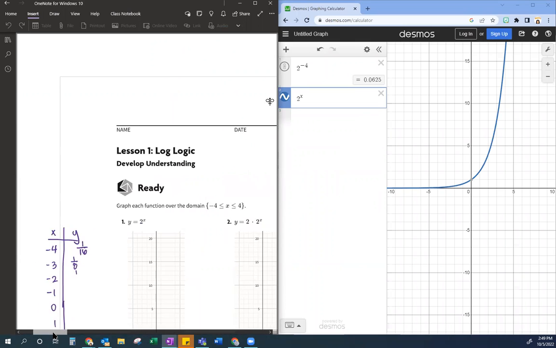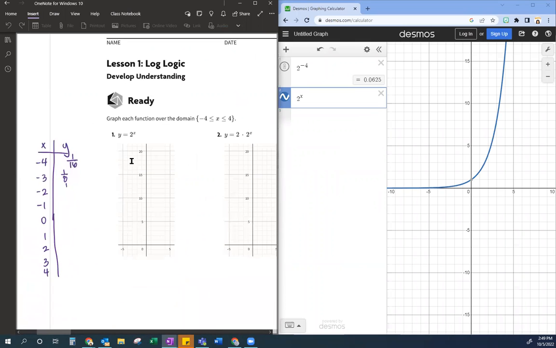So I'm just going to scooch this over and show you. I'm going to graph a couple of these points. 0, 1 goes right here. 1, 2, 2, 4, 3, 8. And then 4, 16. There it goes right there. So this is kind of my picture.